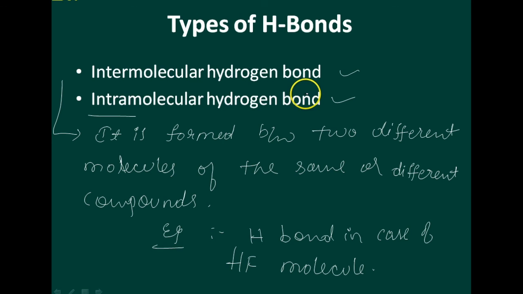In intramolecular hydrogen bond, what happens? It is formed when a hydrogen atom is in between two highly electronegative atoms present within the same molecule. The example here is o-nitrophenol, and the hydrogen is in between the two oxygen atoms.